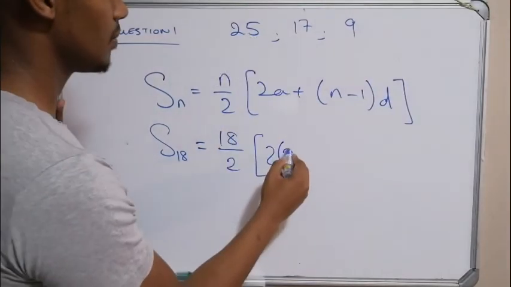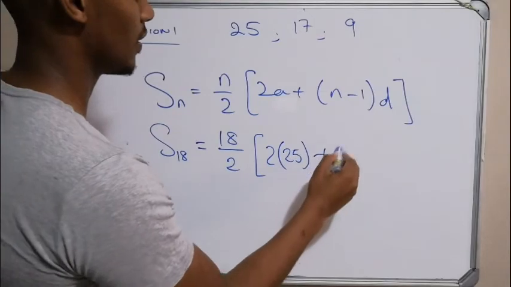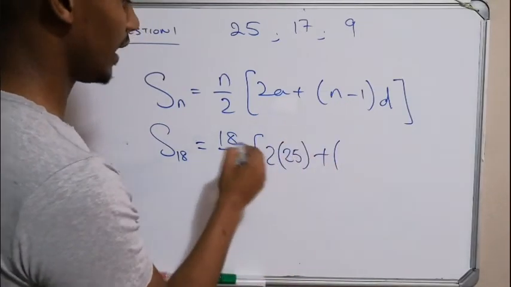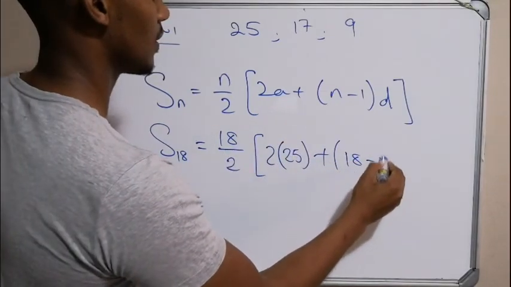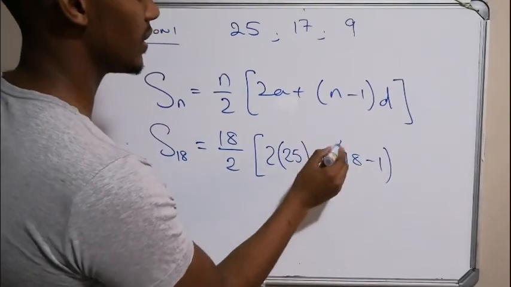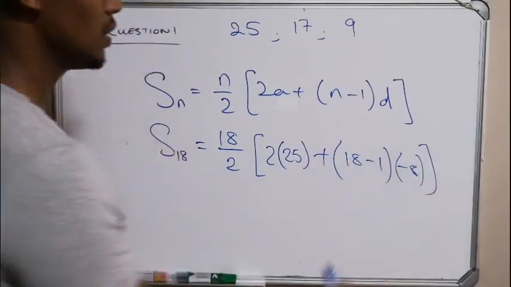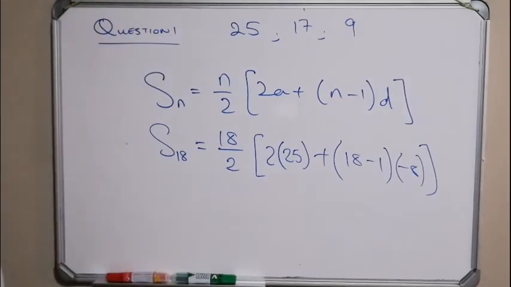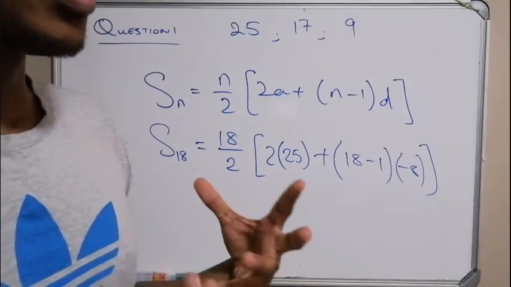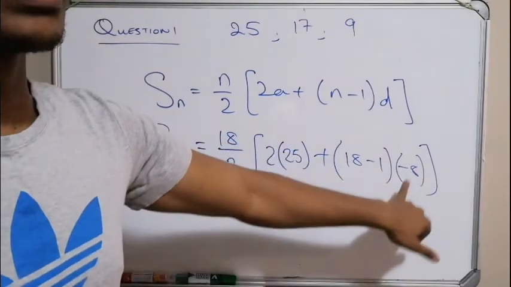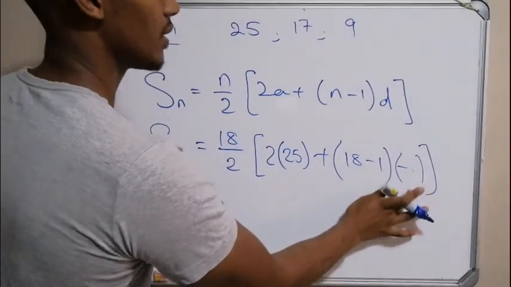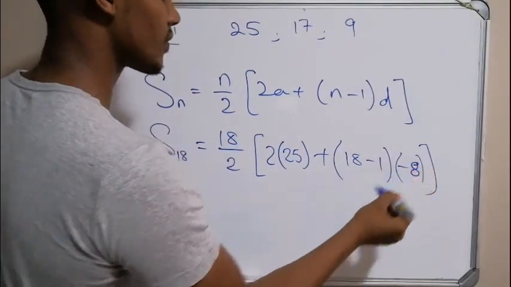A is my first term, 25. N again is the 18. And D, our difference, is the negative 8. Again, whenever you write negative numbers or negative terms, I would appreciate it if you just put brackets around the negative values.